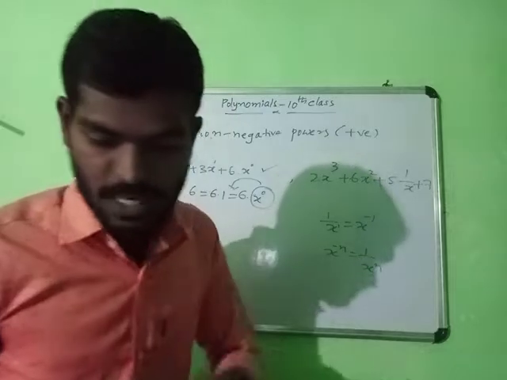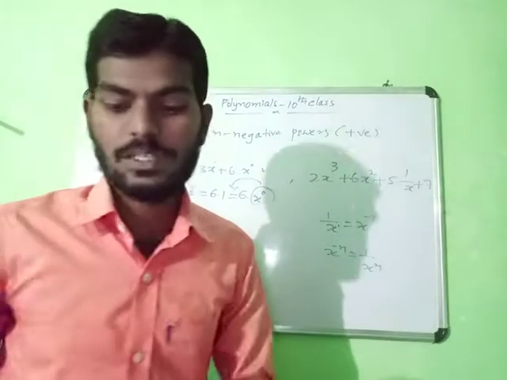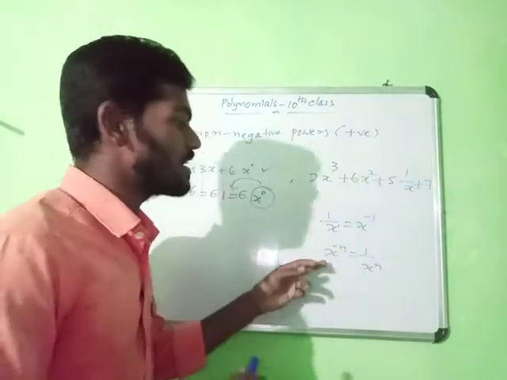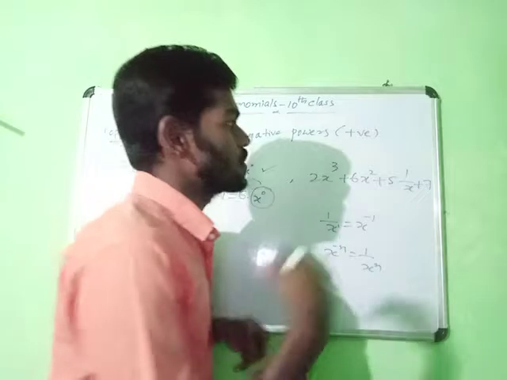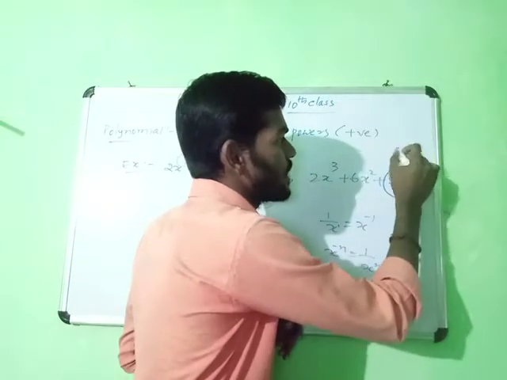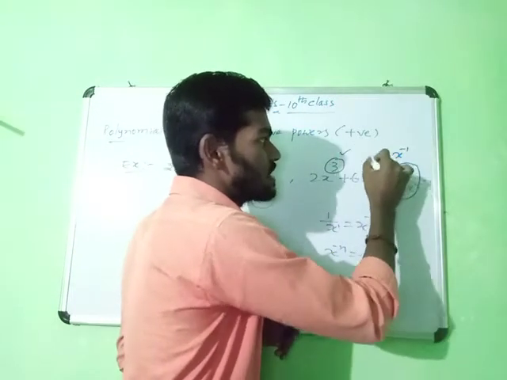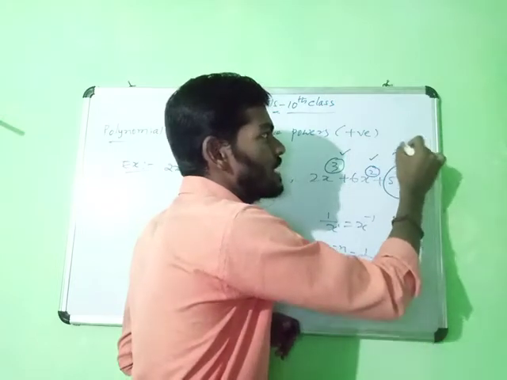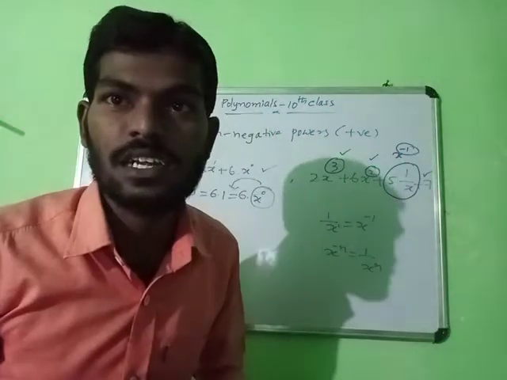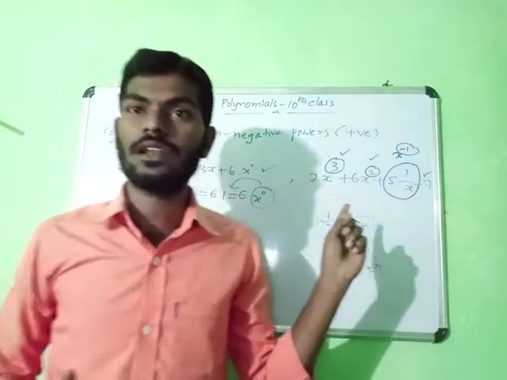So here the degree is negative, minus 1. The other terms are positive and the constant is fine, but here negative is there. So this is not a polynomial.